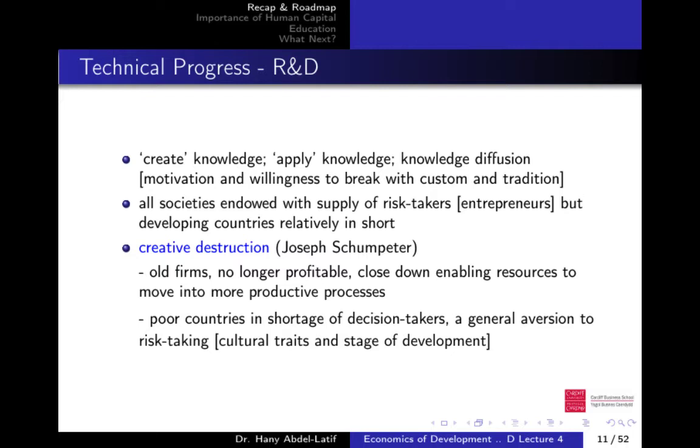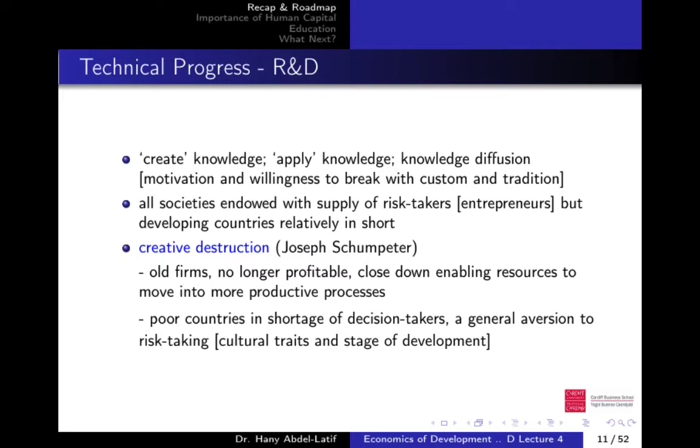We talked about how creating knowledge is different from applying knowledge, and different from knowledge diffusion. Knowledge could be transferred, but the most important thing is knowledge diffusion, because it raises questions about the motivation and willingness of societies to break with tradition and try new things.